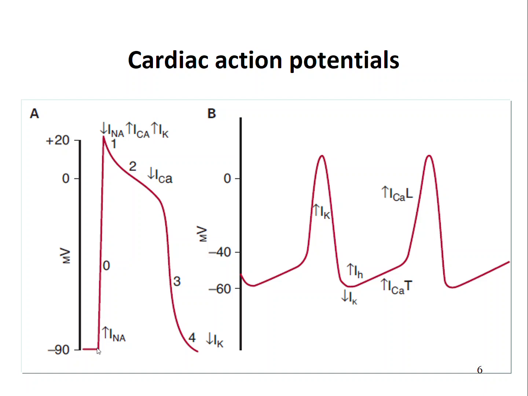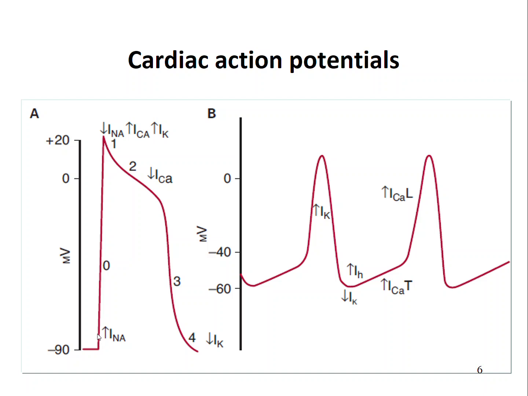So it needs a stimulus to bring this membrane potential to the threshold. Then we have phase 0. Phase 0 is because of high permeability to sodium ions. Here we have voltage-gated sodium channels. Voltage-gated sodium channels will open after the membrane potential reaches the threshold.